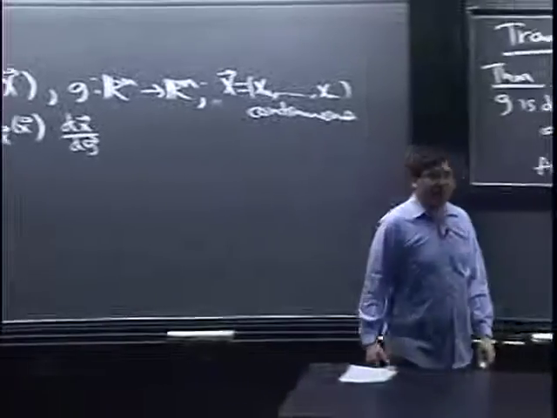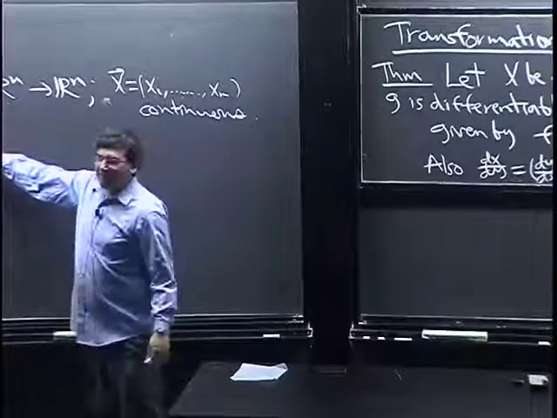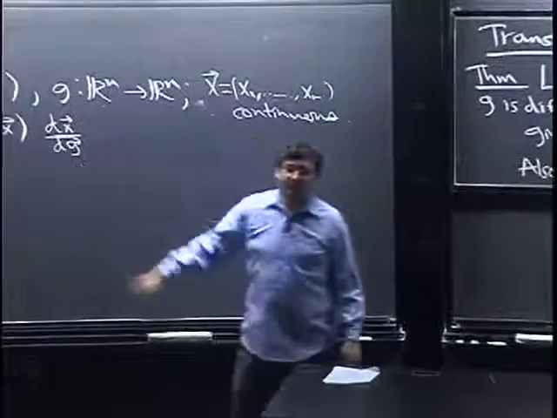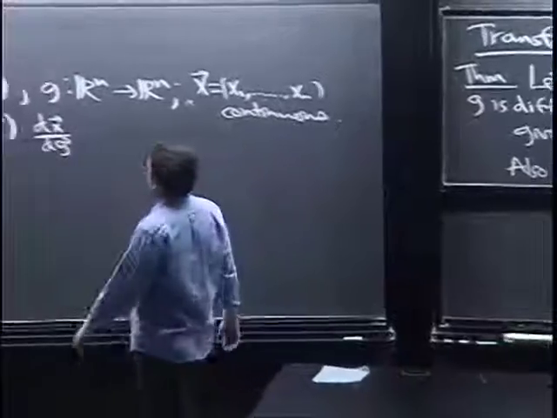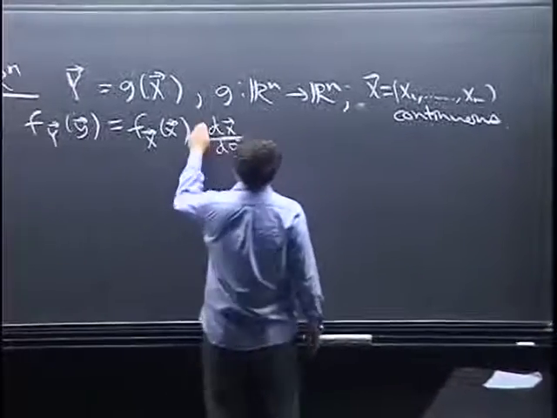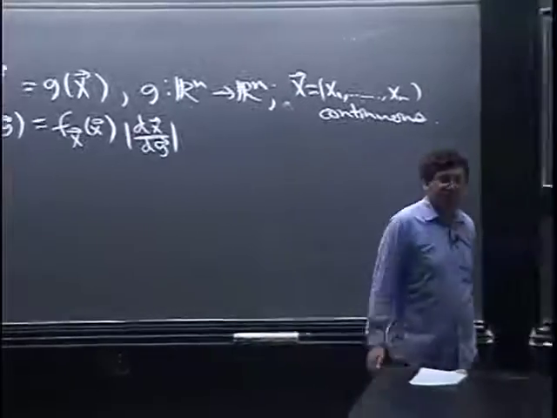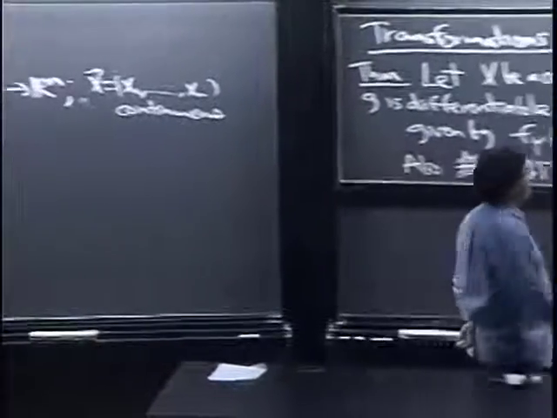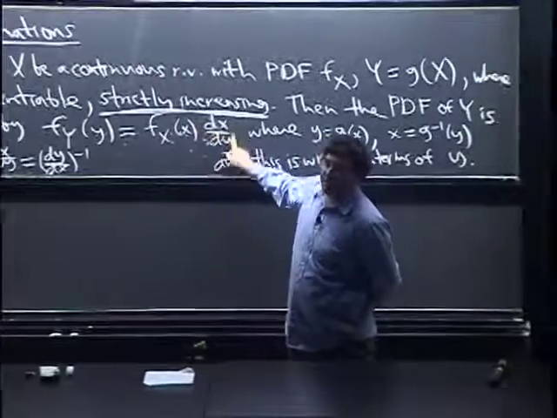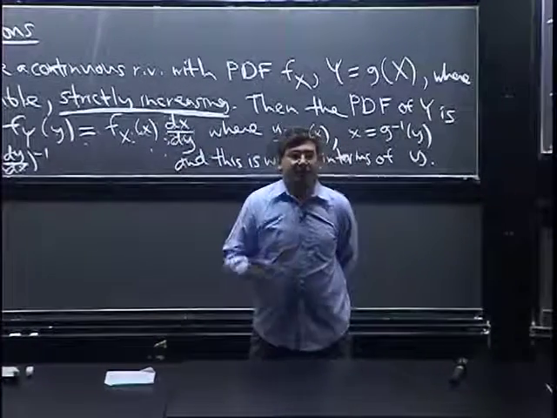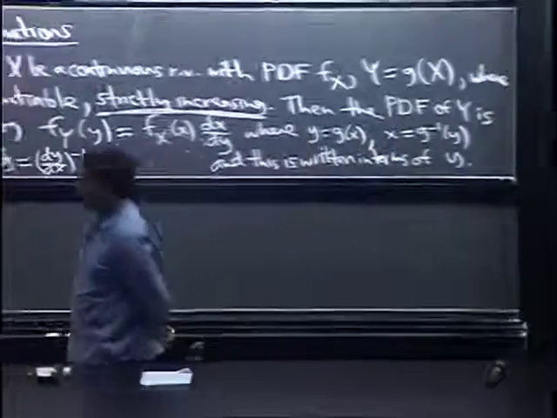The only problem with this is, how do we interpret the derivative of this vector with respect to that vector? What does that actually mean? Well, actually we want to put absolute value symbols around it. By the way, if this function were strictly decreasing, we could do the same thing just by sticking absolute values in here. If we forgot the absolute values, we're going to get a negative PDF, which makes no sense.